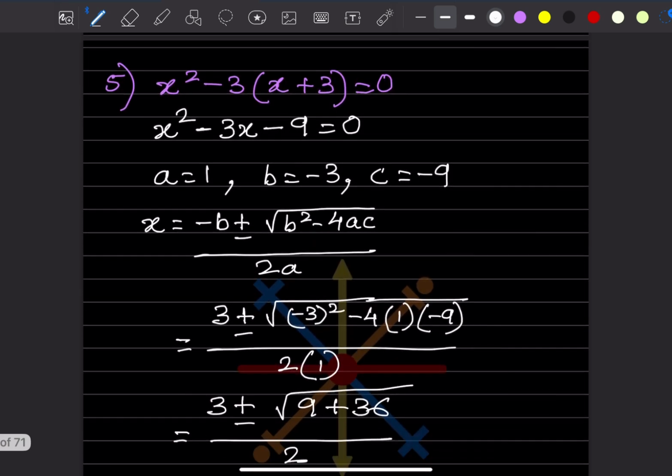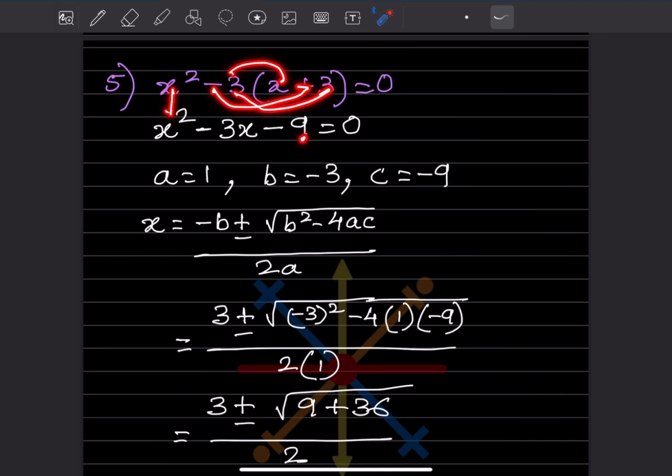Now here is the next problem. See, this is not in the form of ax square plus bx plus c is equal to 0. So what you have to do is expand this one. This will be the same x square, minus 3x, minus and plus becomes minus, and this will be 9, and that is 0. Now this is in the form where a is 1, b is minus 3, and c is minus 9.